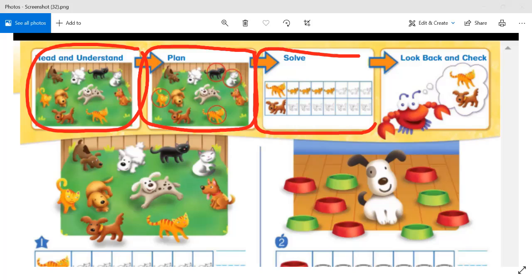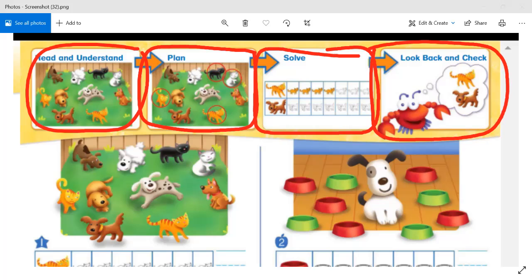Let's go over here now. How can we use these circles to color in the graph? We can color in one cat on the graph for each cat inside the circle. All right, let's look over here. This is Snappy Crab.